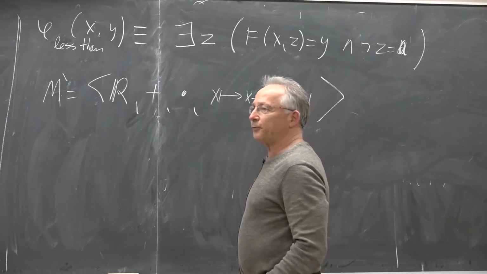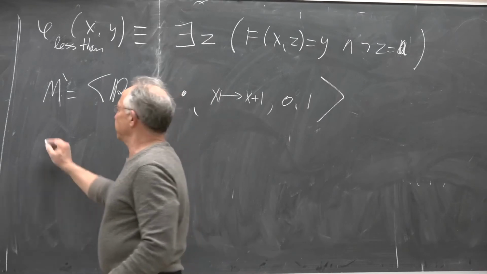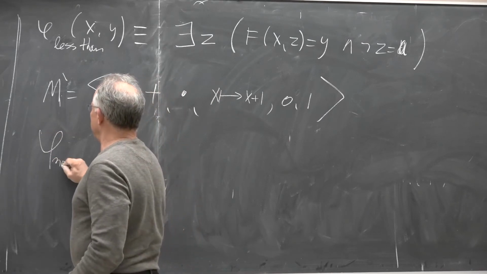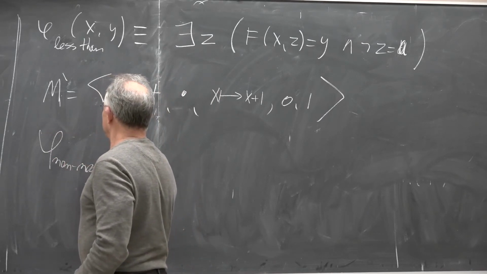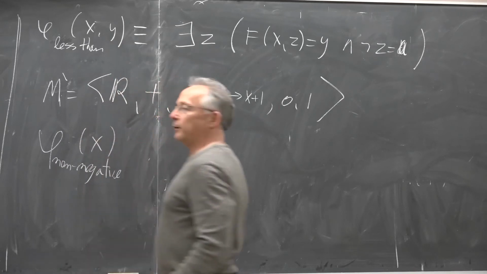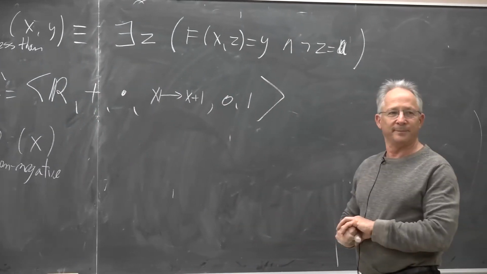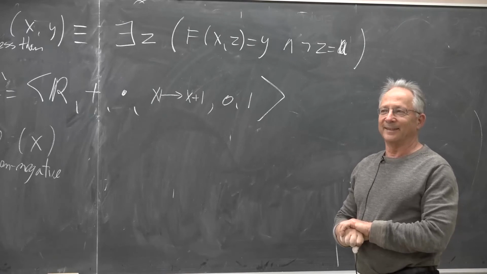Can you, for example, define a formula that will say that the number is non-negative? Do you have phi of non-negative x? I want to say x is not a negative number. X is positive or 0. Yes?